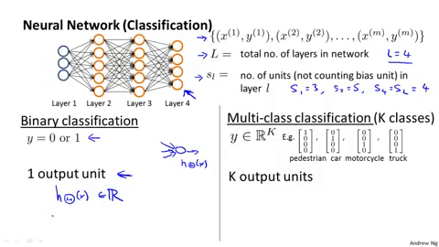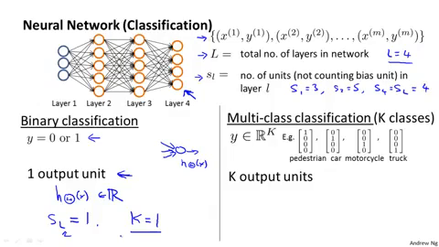And in this case, the number of units in the output layer, s_L, where L is the index of the final layer, is going to be equal to 1. To simplify notation later, I'm also going to set k equals 1. So you can think of k as also denoting the number of units in the output layer.